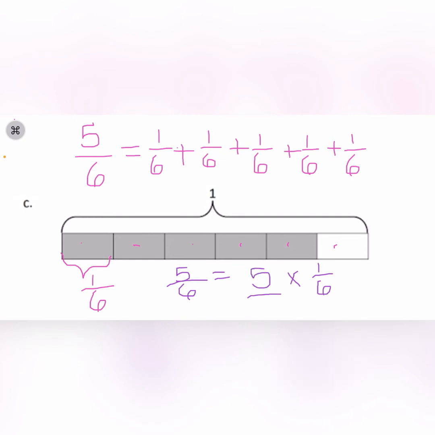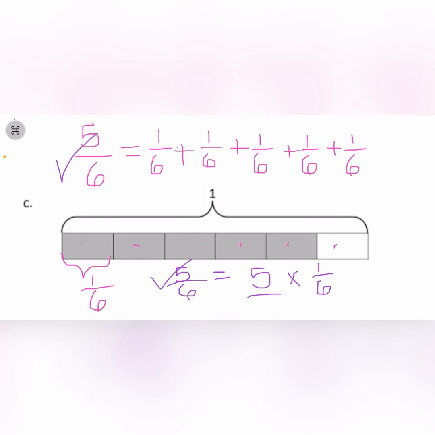And we should know by now that multiplication is just repeated addition, and that's why these two concepts go so well together. If you know one, it can help you with the other one. So our answer would be 5/6 equals 5 times 1/6.